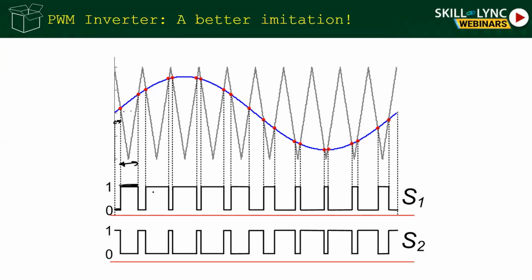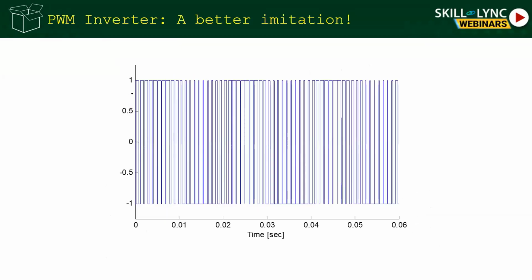This is a sequence of zeros and ones, and these are fed to the switch S1, which means that whenever there is a 1, the switch will be on, and whenever there is a 0, the switch will be off. The complement of this signal is fed to the switch S2. When you operate in this manner, you get a waveform which is basically an imitation of a sine wave.